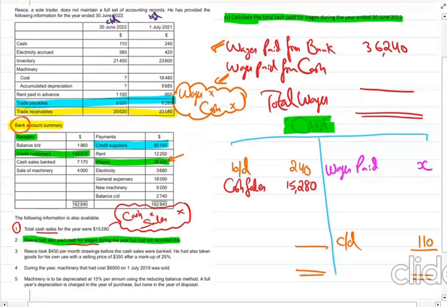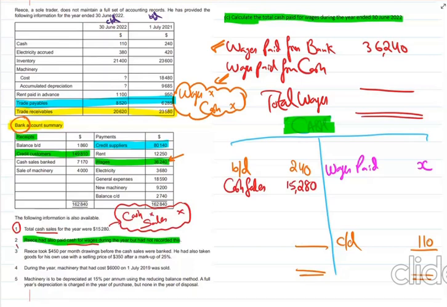Search for me any other item. We searched and found that 15280 is cash sales, so it comes on the cash account. Now we are going to search for more cash, and it's very clearly given in note number 3.